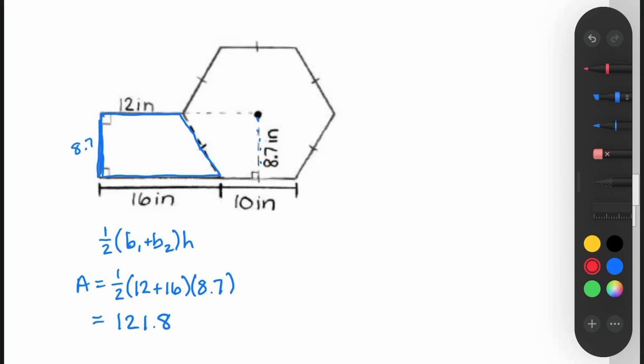121.8. All right, so then the second shape, being this regular hexagon, regular polygons have the area formula 1/2 apothem times perimeter. So the area of that is 1/2 the apothem is this 8.7.